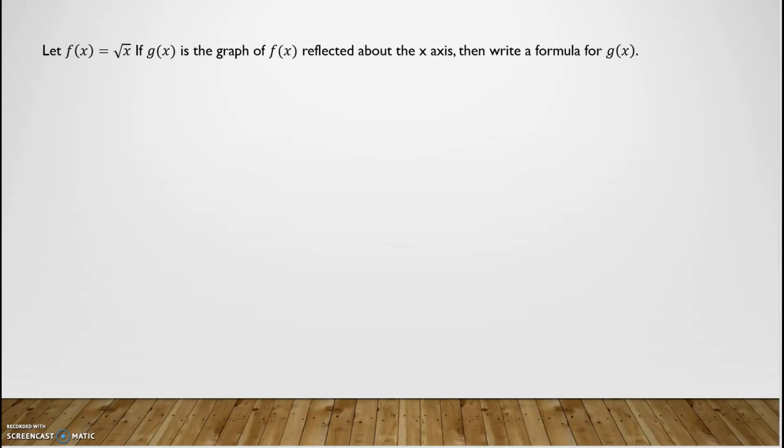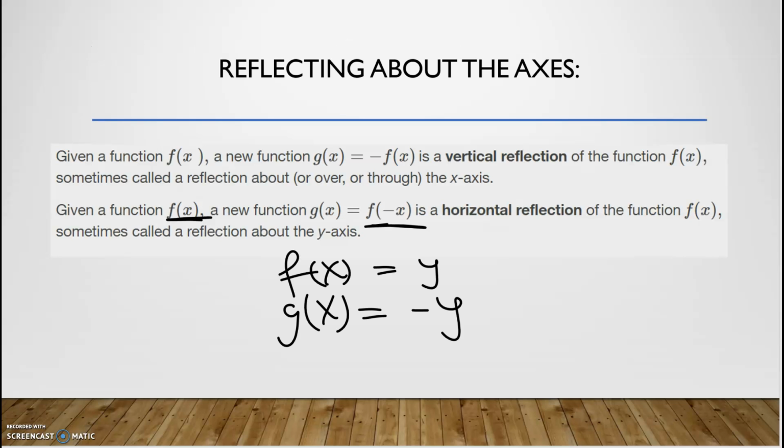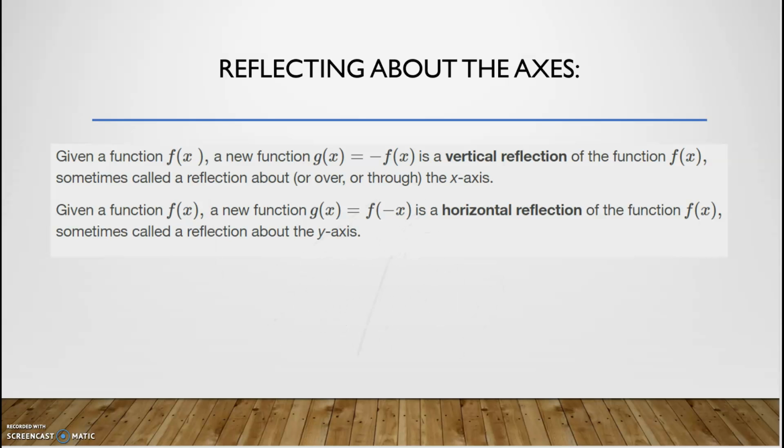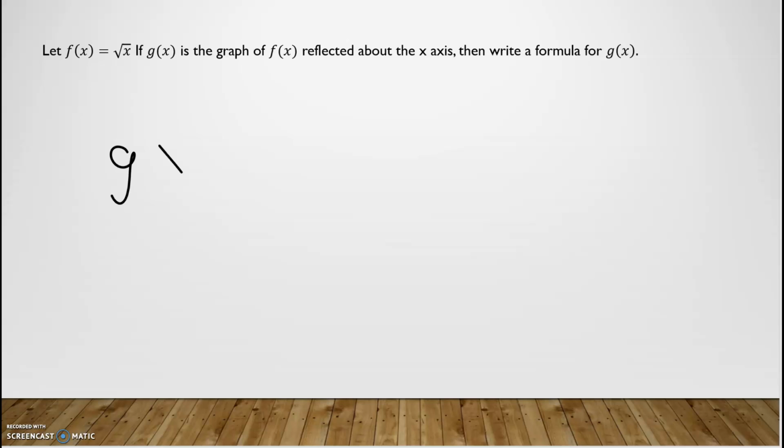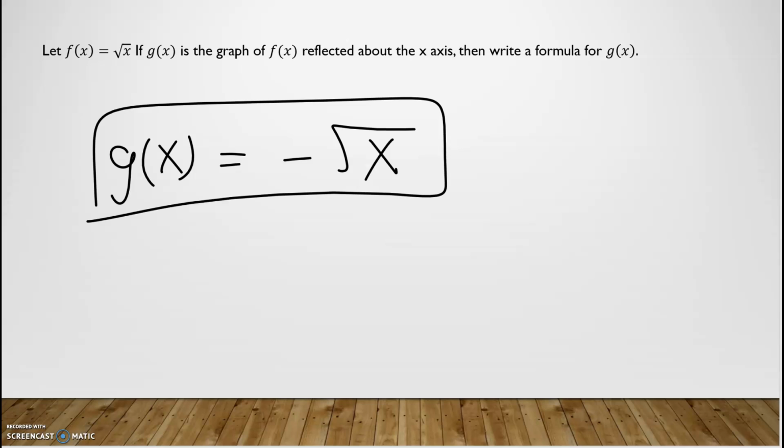Okay, so we said if we're going about the x-axis, then that's going to be a vertical reflection. So that means we need to put a negative in front of our function. Okay, so g of x would be negative square root of x. And this would be a reflection about the x-axis.